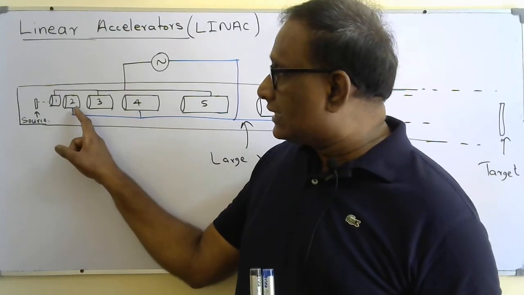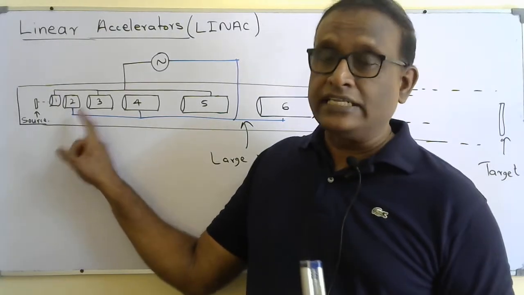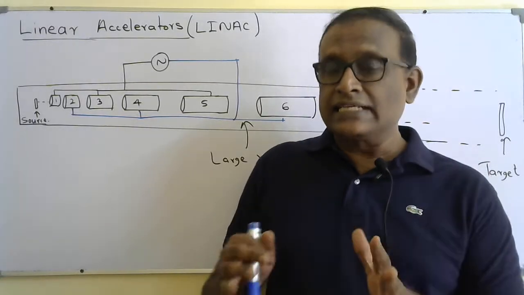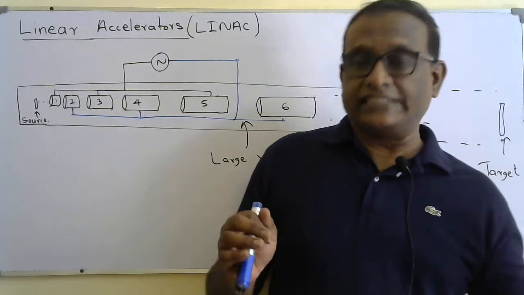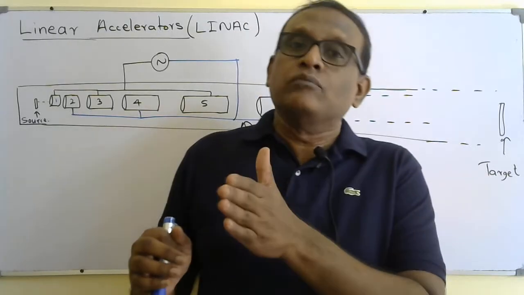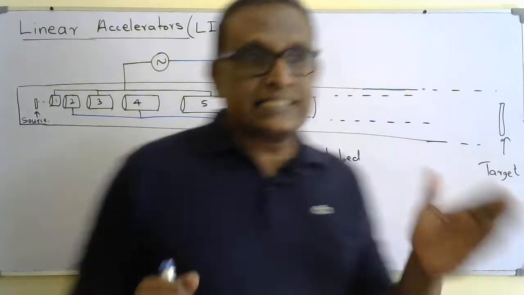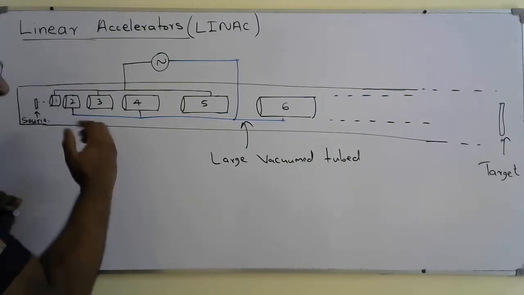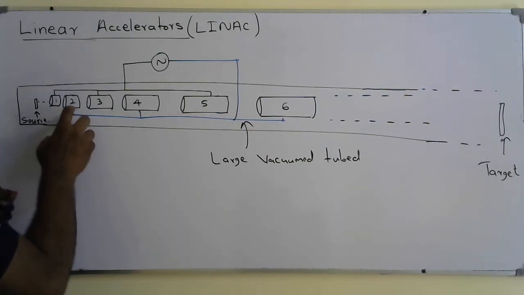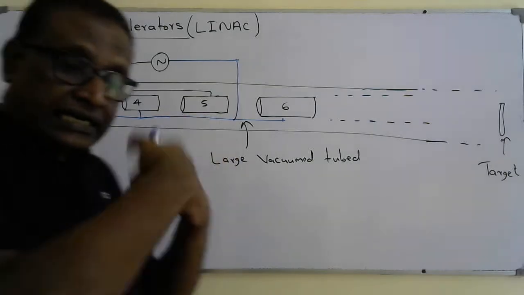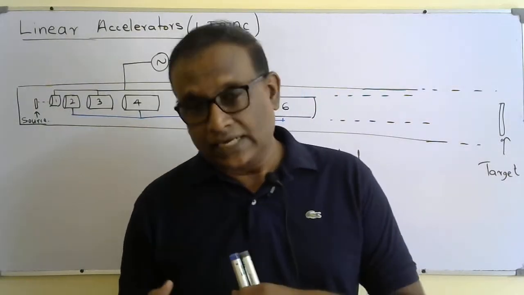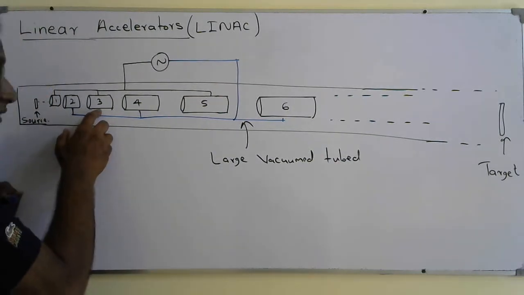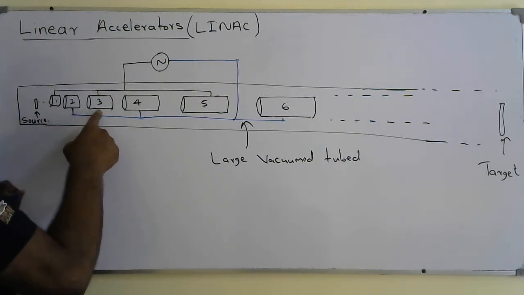Inside the second drift tube, it will move at constant velocity because inside the drift tubes the electric fields are shielded. That means inside the drift tubes, there are no electric fields. So the particle will move at the same velocity as it entered the drift tube. But when it comes to the end of the second drift tube, what happens? The second drift tube, which was earlier negative, will now become positive, and the third drift tube will become negative.